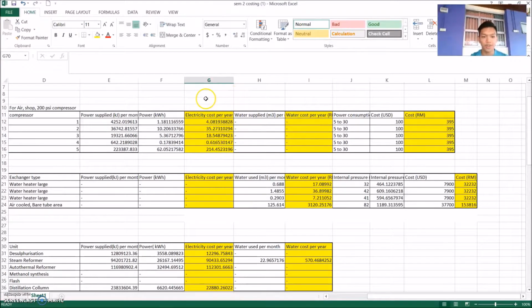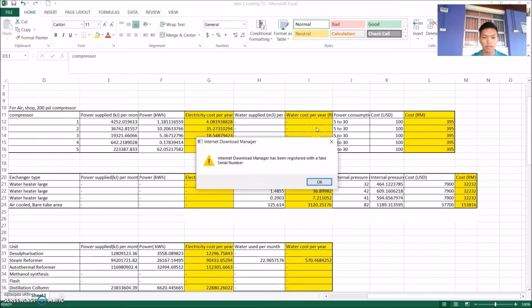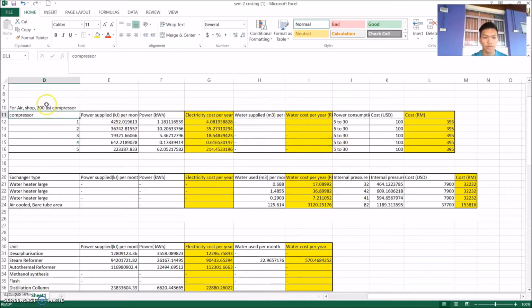So, moving into costing, first we will calculate the cost for the compressor, in which for our system we have used 5 compressors, and all 5 of these compressors are the same, which is an air shop at 200 psi compressor. As we use the same compressor for all 5 systems, the cost for all 5 of them is the same.